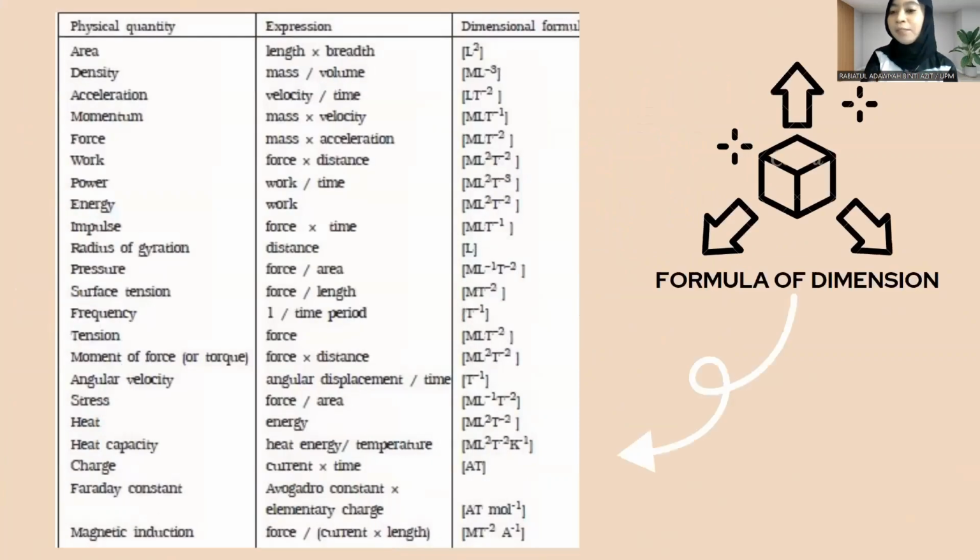So, this is a sample formula of dimension. You can see physical quantities of area, density, acceleration, momentum, force, work, power, and so on.